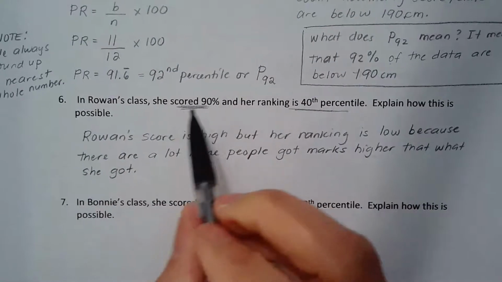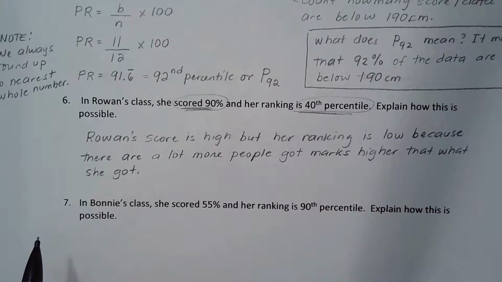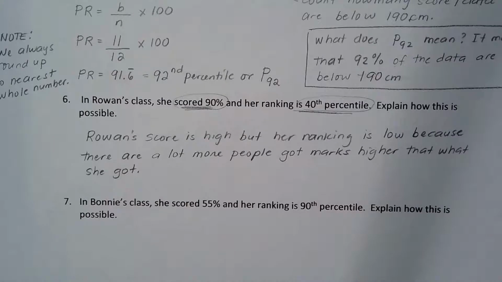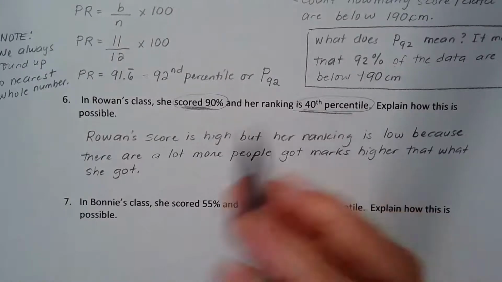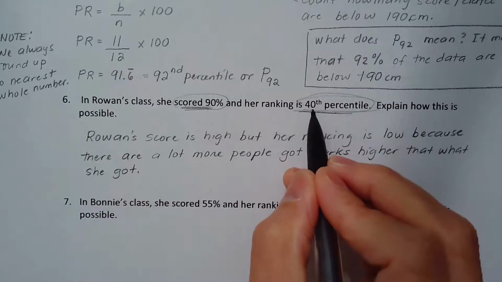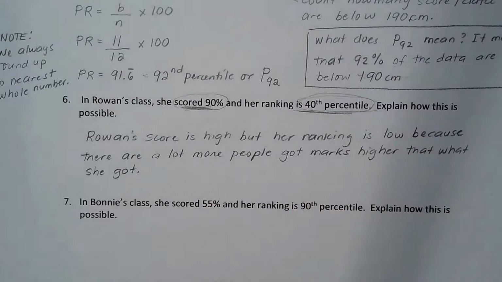Okay, so even though she scored high, her rank is low. That just tells us that there are a lot more people who are higher than her. So when she got a 40th percentile, it means 40% of the class got lower than her score, 90%.